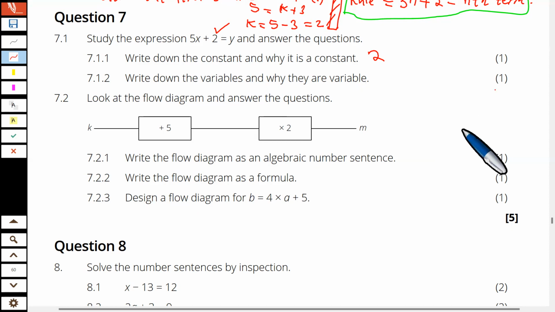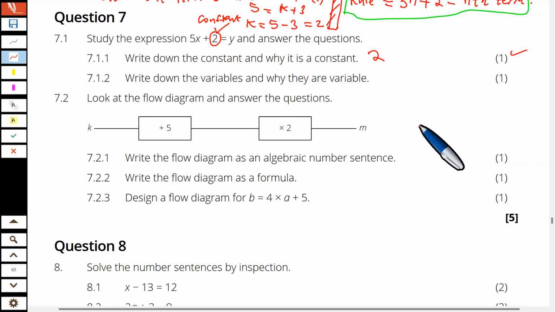Because it's 1 mark, you just need to write down the constant. This term here is called the constant. Next question.